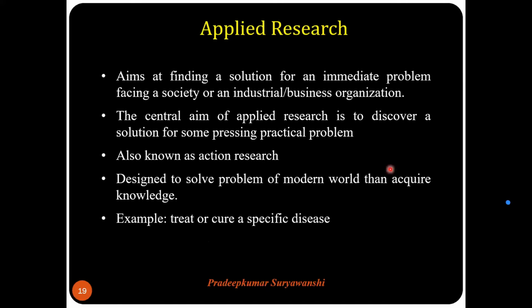Now, next one is applied research. Applied research aims at finding a solution for an immediate problem facing a society or an industrial business organization. Typically the whole world is facing a problem of the COVID-19 pandemic nowadays, and everybody is trying to find out what is the solution to this.